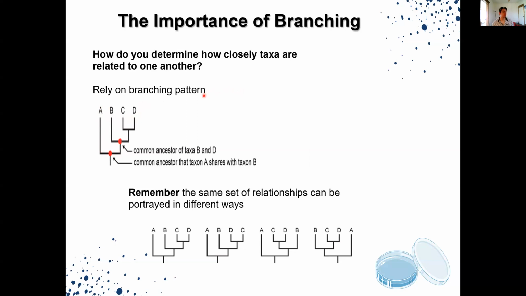Similarly, if you look at B, which is next to A, B is actually more closely related to D than it is to A because of this branching here. The branching up here, which B shares with D through their common ancestor, is closer than the one with A. Thus, B is more related to D than it is to A. So it is very, very important that you understand how these trees work and how to interpret them.